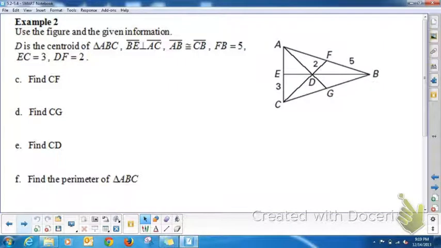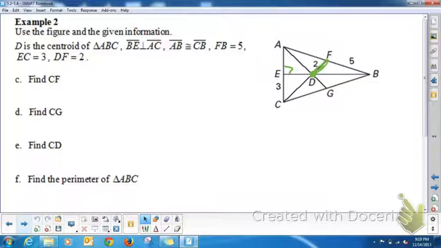Let's use this figure and the given information. If D is the centroid, again, centroid tells you it's the median, so we're going to use the whole 2/3, 1/3 thing. BE is perpendicular to AC. AB is congruent to CB. FB is 5. EC is 3. DF is 2. How would we find CF?